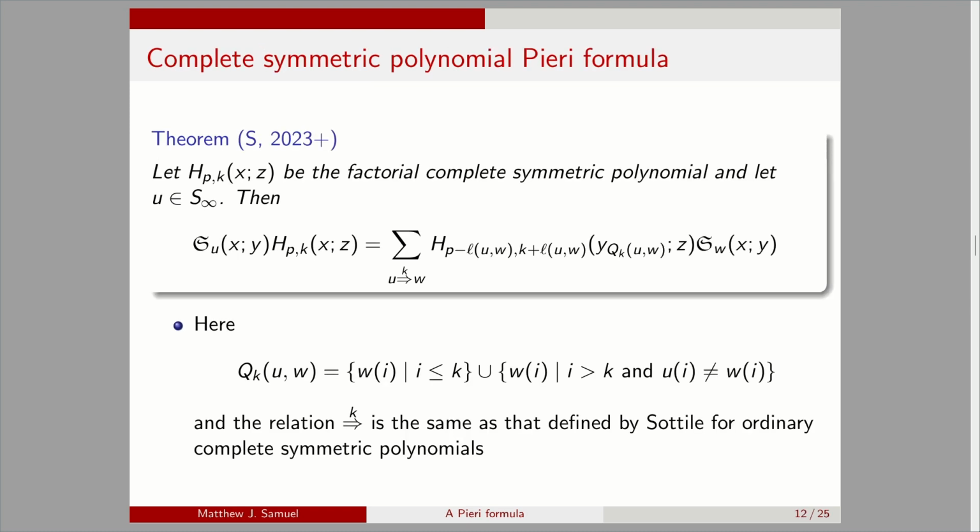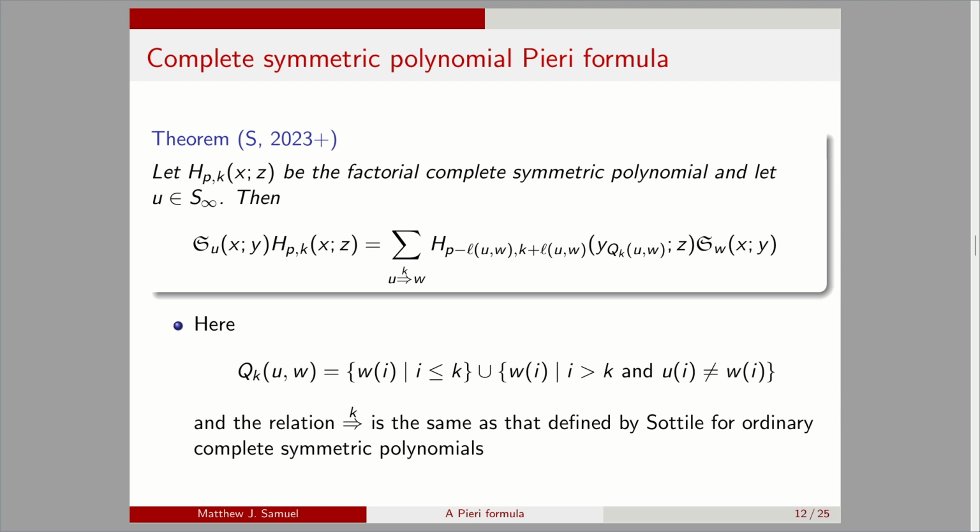So here is my Pieri formula for multiplying by a factorial complete symmetric polynomial. We let h p k of x and z be the factorial complete symmetric polynomial of degree p in k variables, and we let u be an element of S infinity. Then Su of x and y times h p k of x and z is given by this formula.